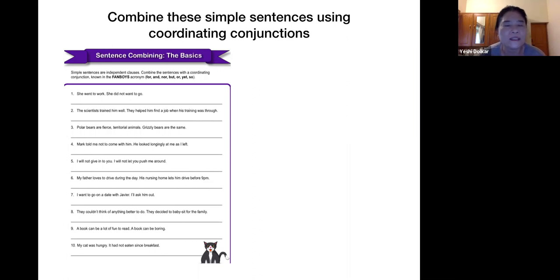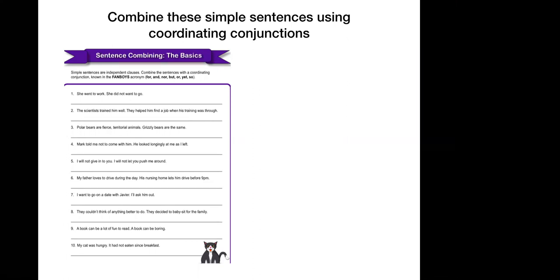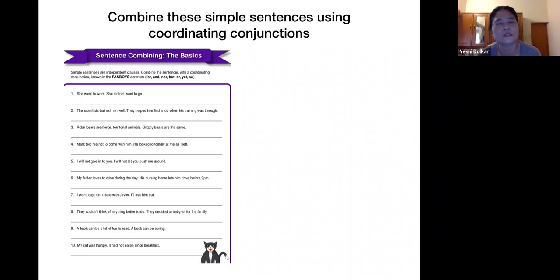Yet she went to work. Don't use too many, yet. The conjunction yet: she did not want to go, yet she went to work. Okay.